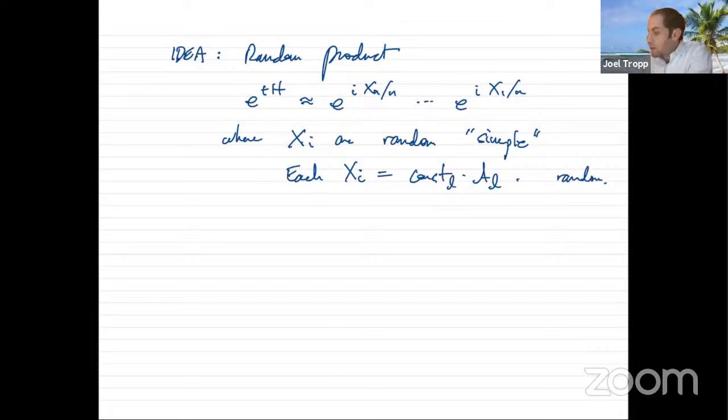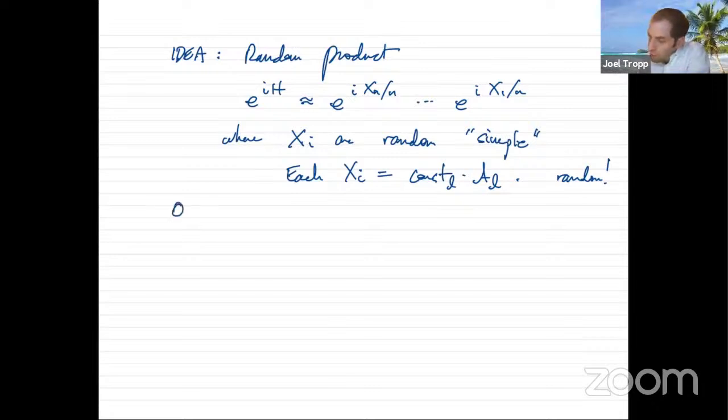Okay, so the idea is that instead of building up this product as a deterministic product of simple unitaries, we're going to build it up as a product of simple random unitaries and hope for the best.